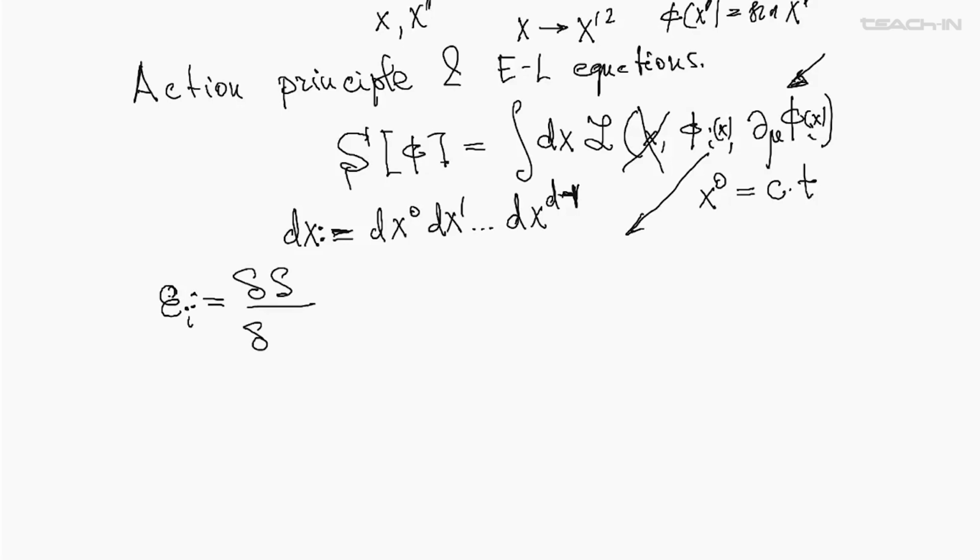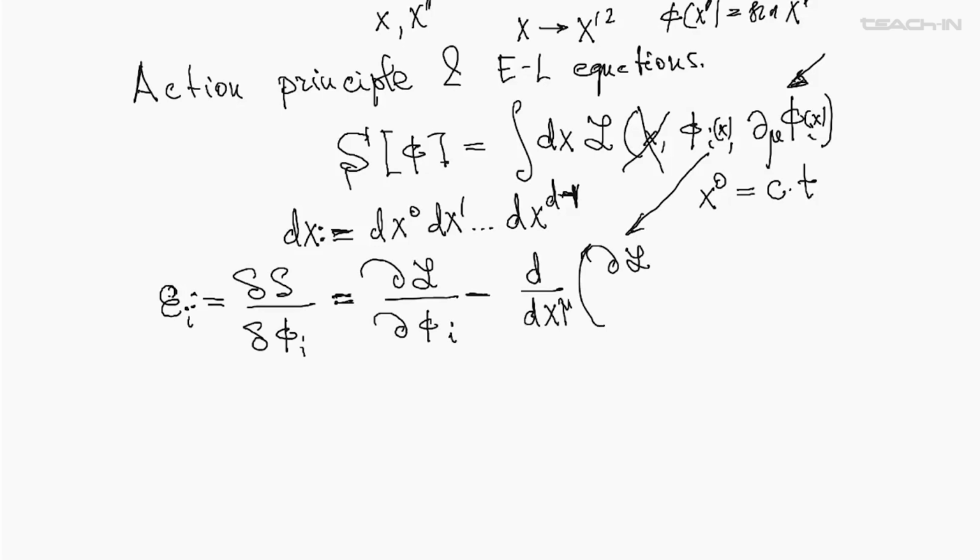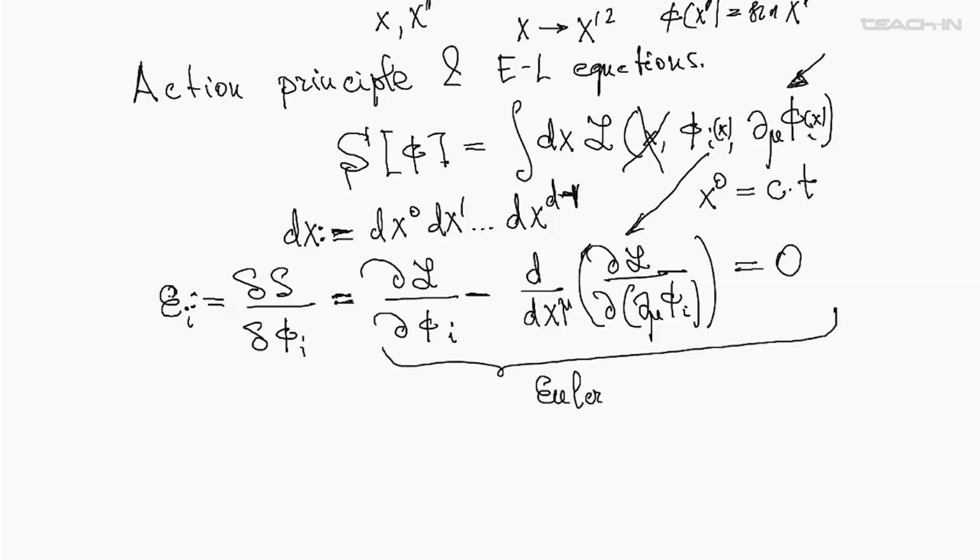And this comes out as the derivative of the Lagrangian density with respect to the field phi I minus d over dx mu of the derivative of the Lagrangian density with respect to d mu phi I. And if we set this object to 0, then this is what we know as the Euler-Lagrange equations.